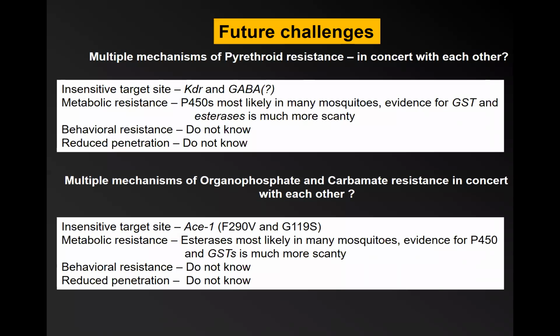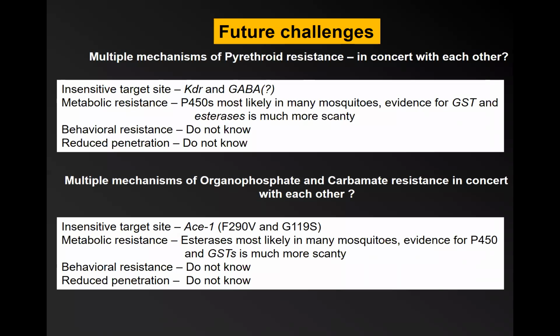Could there be some behavioral resistance mechanisms that we're unaware of? For instance, some might have the ability to detect the chemical before others and avoid it. Those are all different mechanisms that we consider. And of course, we've really just scratched the surface in understanding resistance mechanisms in mosquitoes.